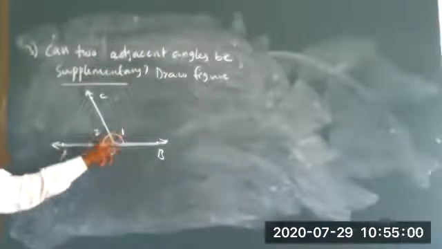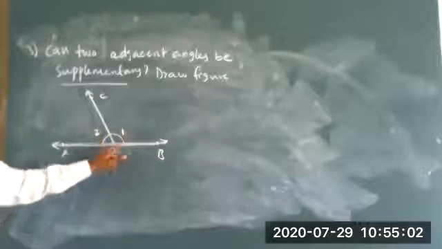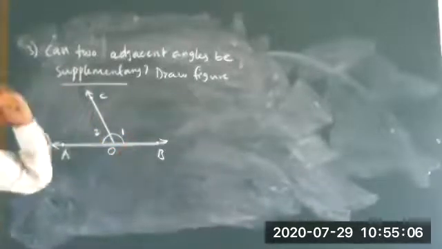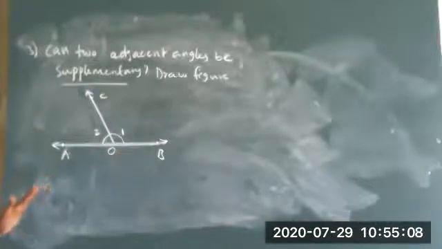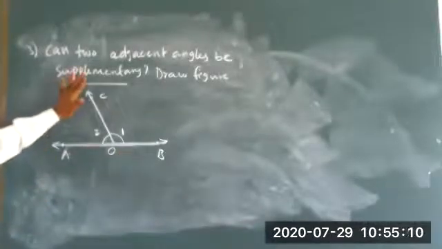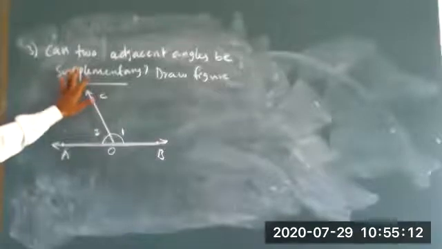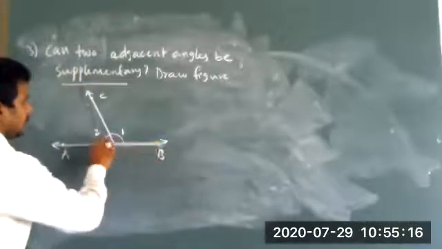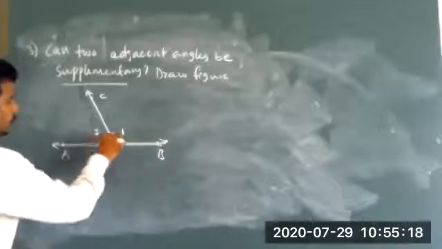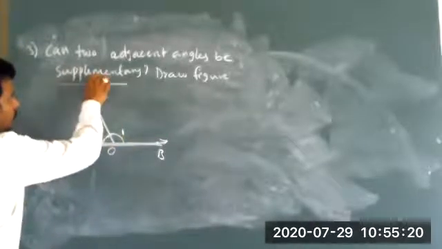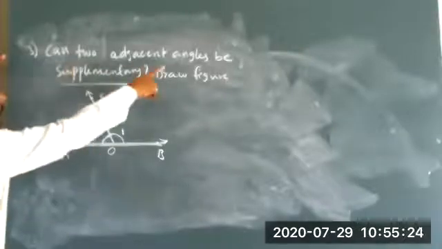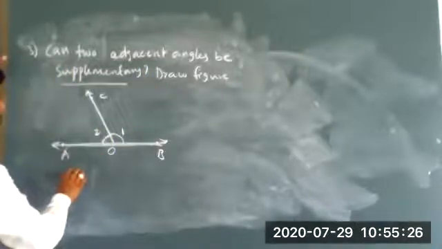So this total angle is 180 degrees. So angle 1 plus angle 2 is equal to how much? 180 degrees. The sum of two angles is equal to 180 degrees, so it is called supplementary angles. So can two adjacent angles be supplementary?